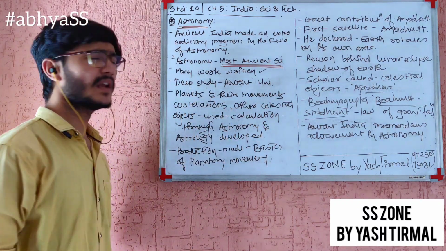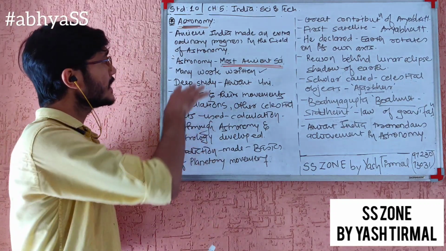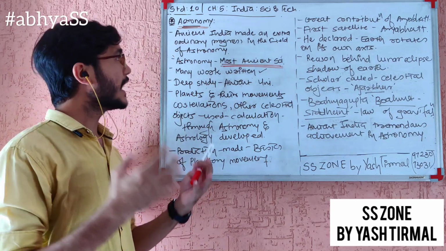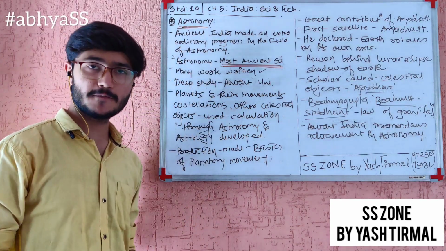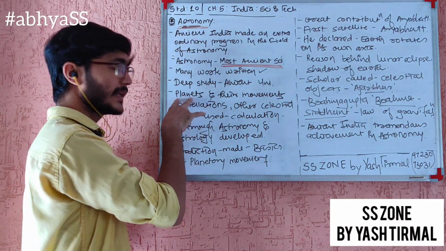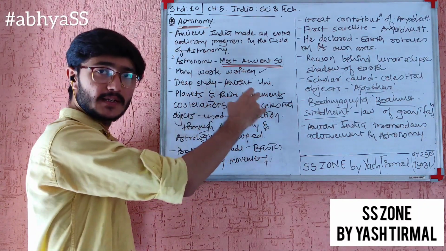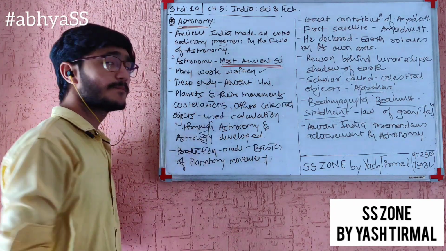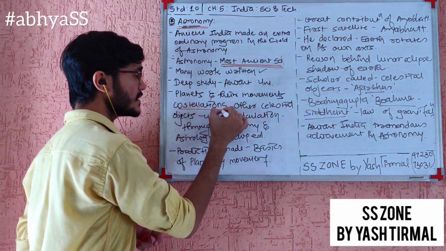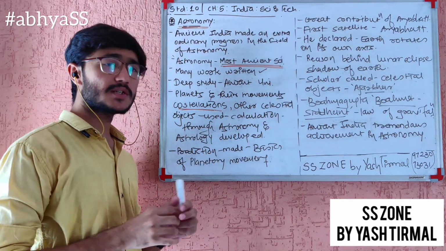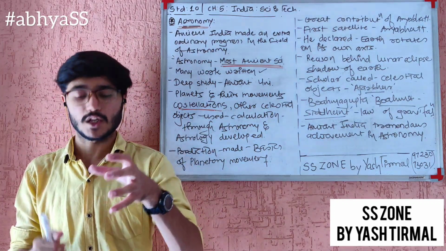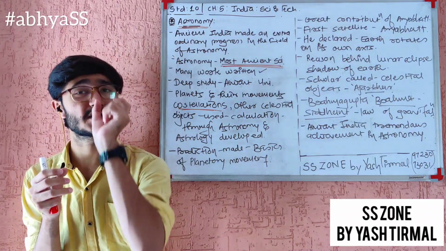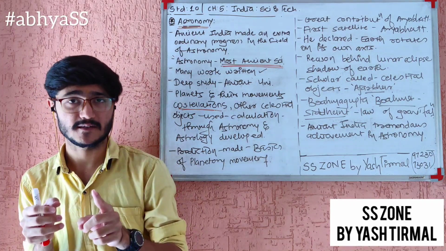Then what kind of celestial objects or instructions are included in astronomy? Those are planets and their movements, like what the planets are and how they move. Then the constellations. Constellations are very important. You have seen groups of stars having a specific shape in space, right?